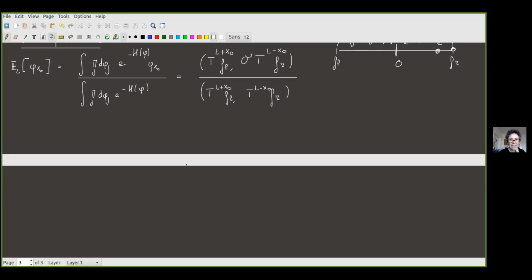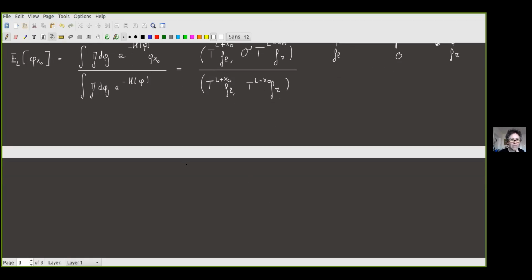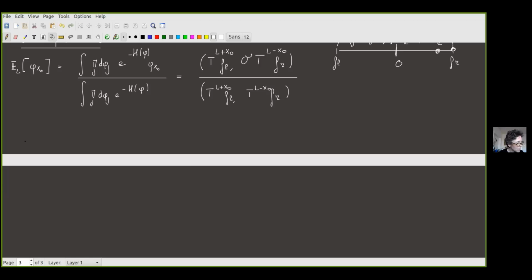Okay, so now let's write explicitly what this operator T is. T is an operator with an integral kernel. If I apply T to a function and compute it at phi, where phi is a real variable, this is the integral over d phi prime on R of a kernel K(phi, phi prime) times f of phi prime. And now what is this kernel K(phi, phi prime)?